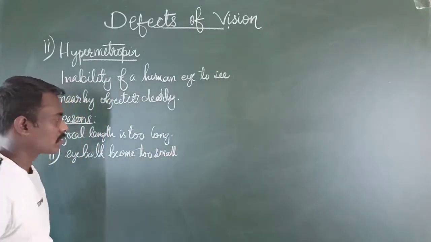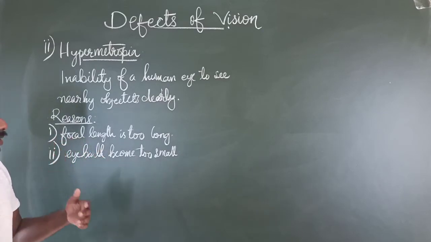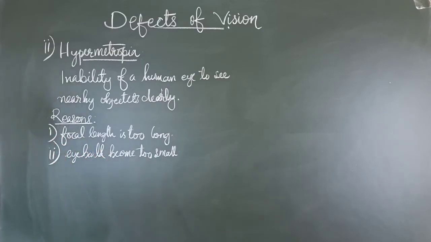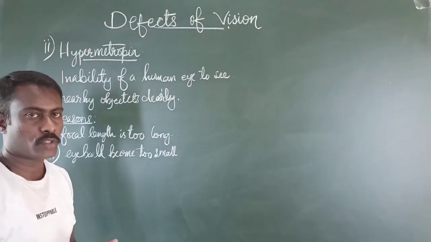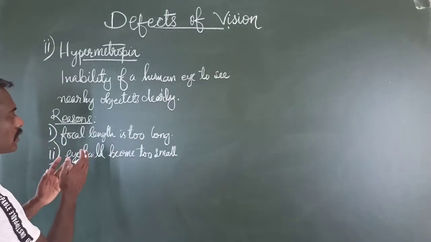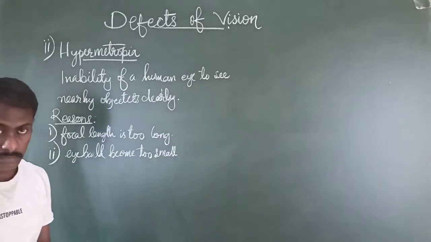These are the two reasons. And how does it affect? When the focal length of the eye lens is too long, the curvature of the eye lens is small. When the curvature is small, the focal length is long.